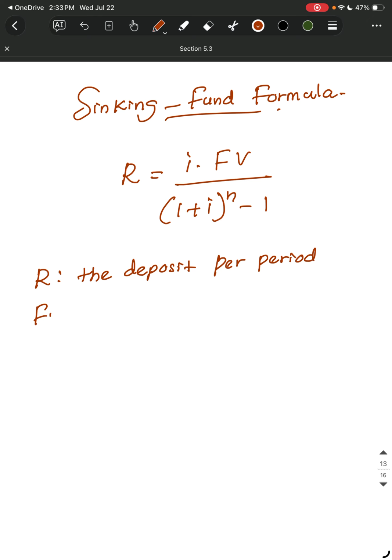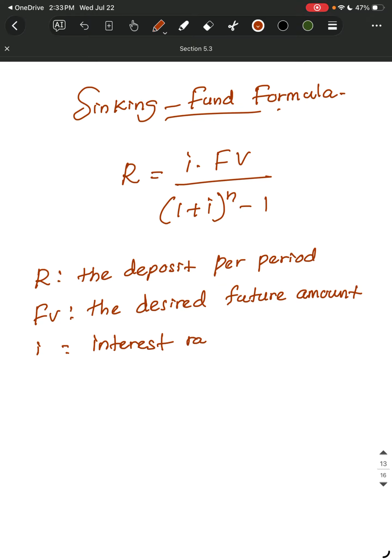The future value is the desired future amount. I is the interest rate per period, the same as in amortization, I equals r over m.